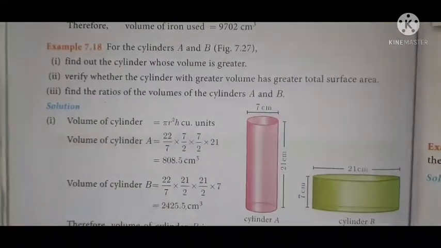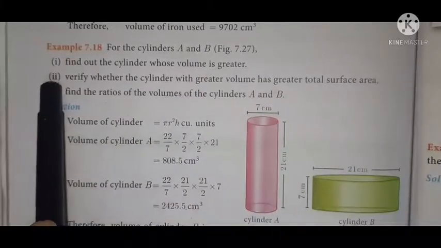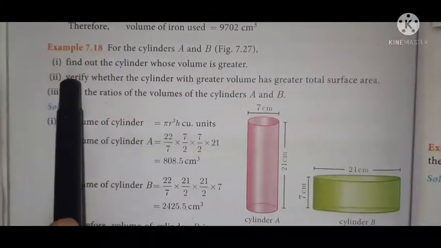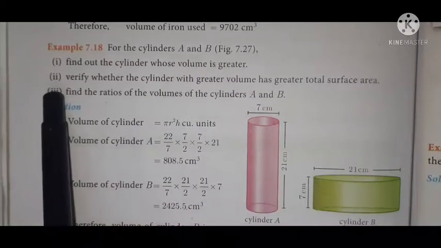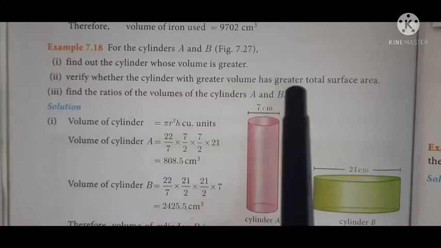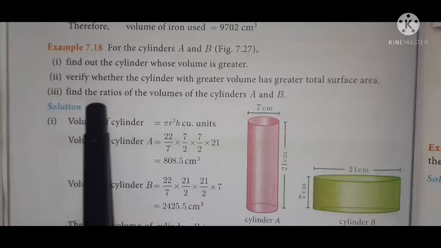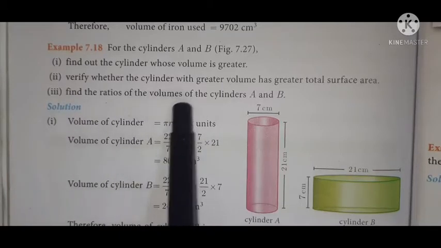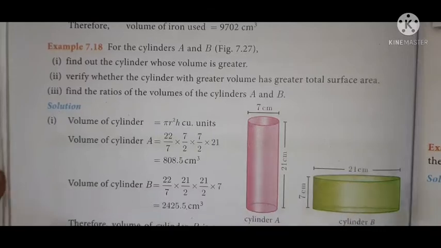Example number 7.18. Two cylinders A and B are given. First question: find out the cylinder whose volume is greater. Second: verify whether the cylinder with greater volume has greater total surface area. Third: find the ratio of the volumes of the cylinders A and B. Here two cylinders are given.